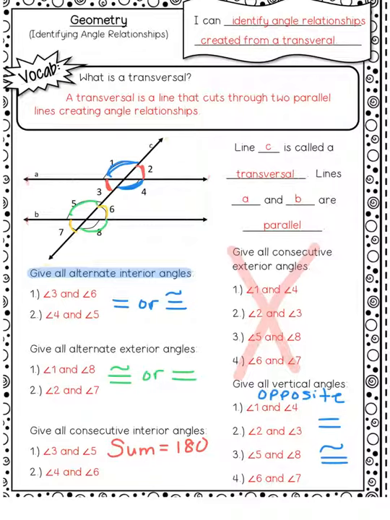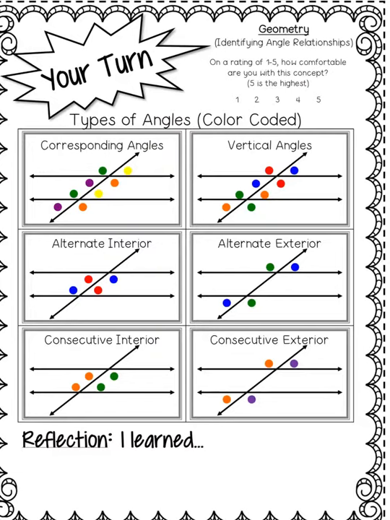Okay, next, we're going to look at the next page and color code these. On this page, it shows the color coding. If you don't have different colors to color code these with, you can give them letter names.